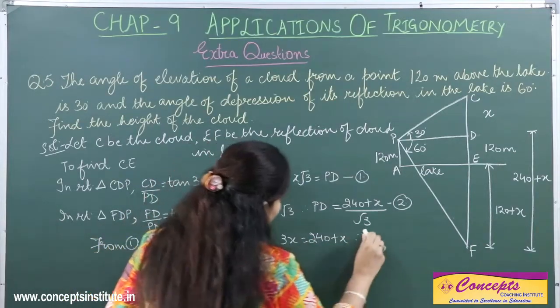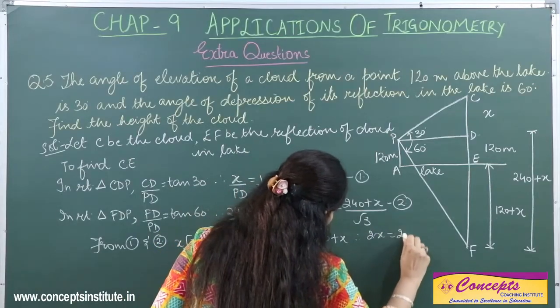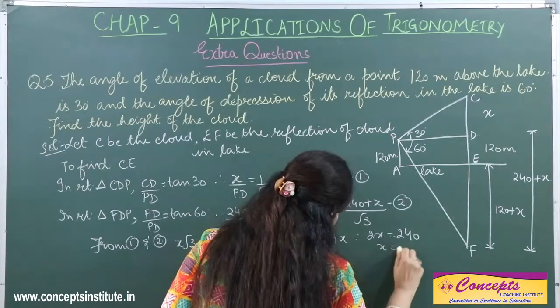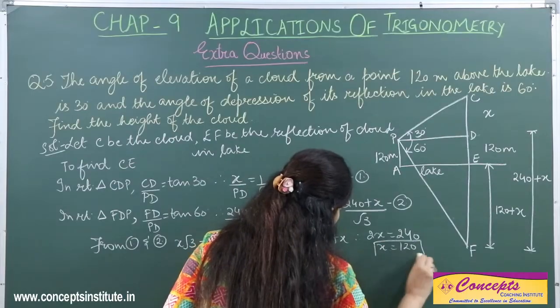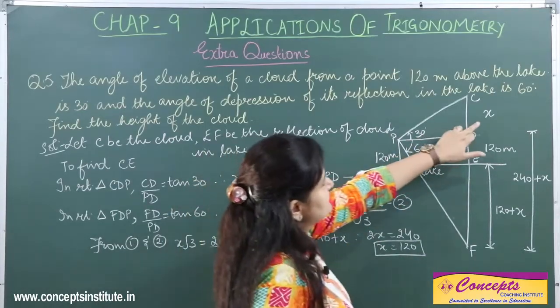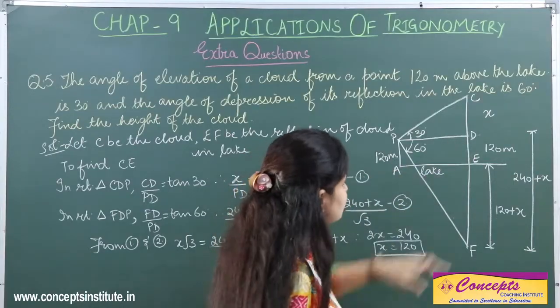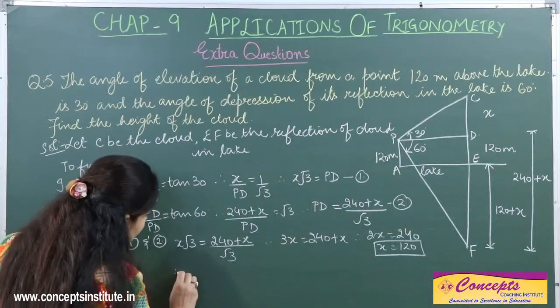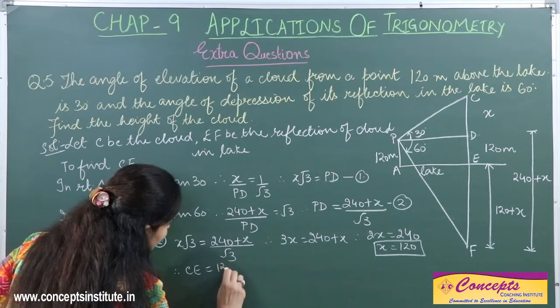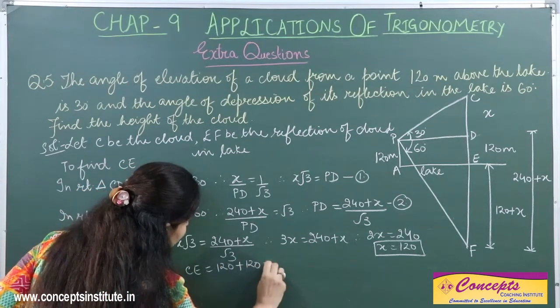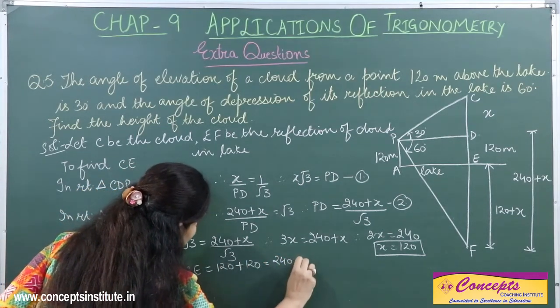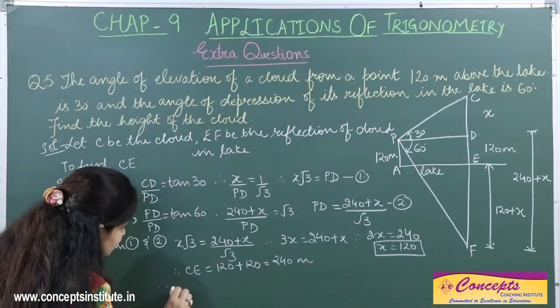Therefore 2x equals 240, or we can say x is equal to 120. Now this is x, but we were supposed to find out the height of the cloud, that is CE. So CE would be 120 plus 120, this is 240 meters.